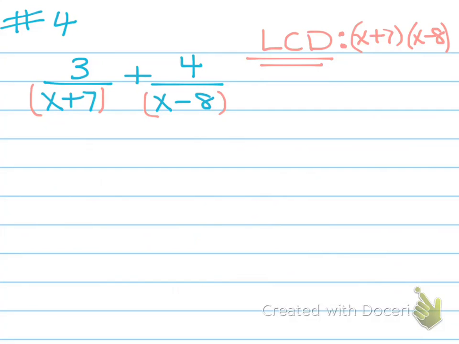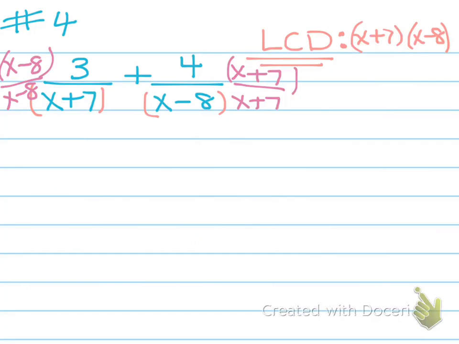Alright, so what is the first one missing? Well, the first one is missing x minus 8. So I'm going to multiply by x minus 8 over x minus 8. And the second one's missing the x plus 7, so x plus 7 over x plus 7. Now we really do need to put our parentheses, because we're going to distribute the 3 and then the 4.